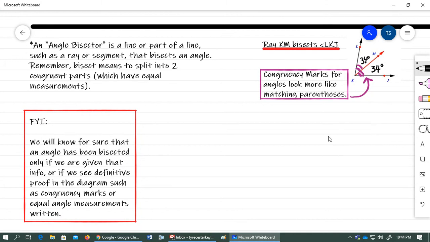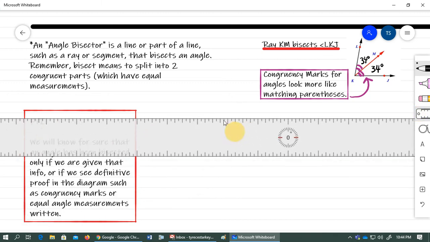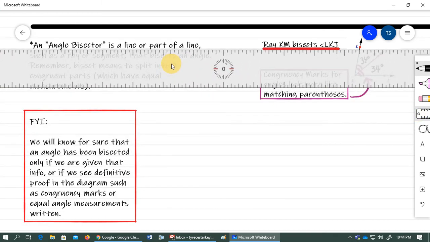Okay, guys, we gotta really hurry up here. I said we would talk about angle bisectors, and that's exactly what we're gonna do. An angle bisector, folks, is a line or part of a line.